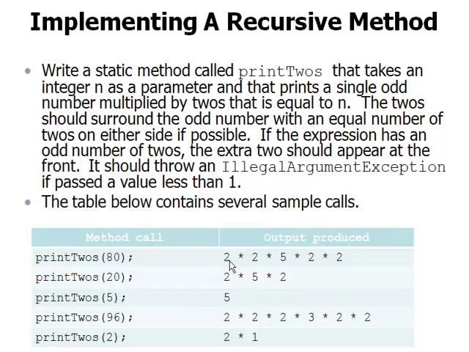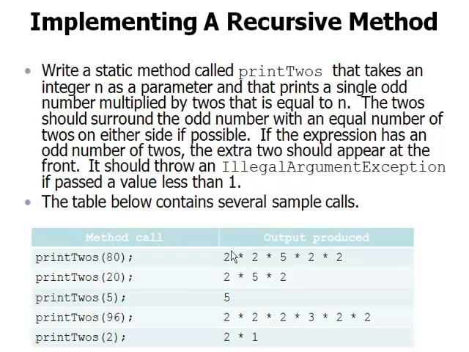The 2's for 80, we end up getting 4 2's in total: 2 2's in the front and 2 2's on the right-hand side. But take a look at what's inside right here, the 2 times 5 times 2. That's what you get by making a call on print2s of 20. And in fact, 20 is a multiple of 4 away from 80.